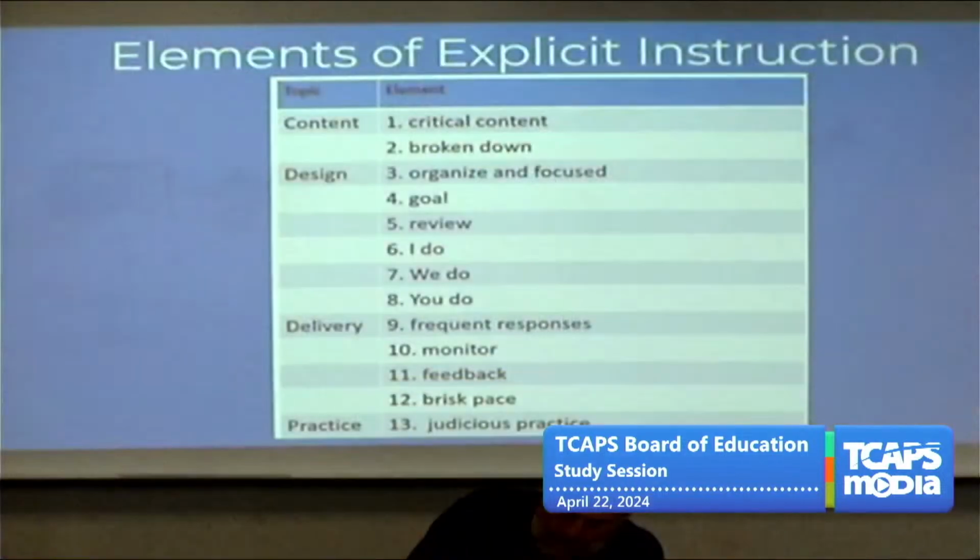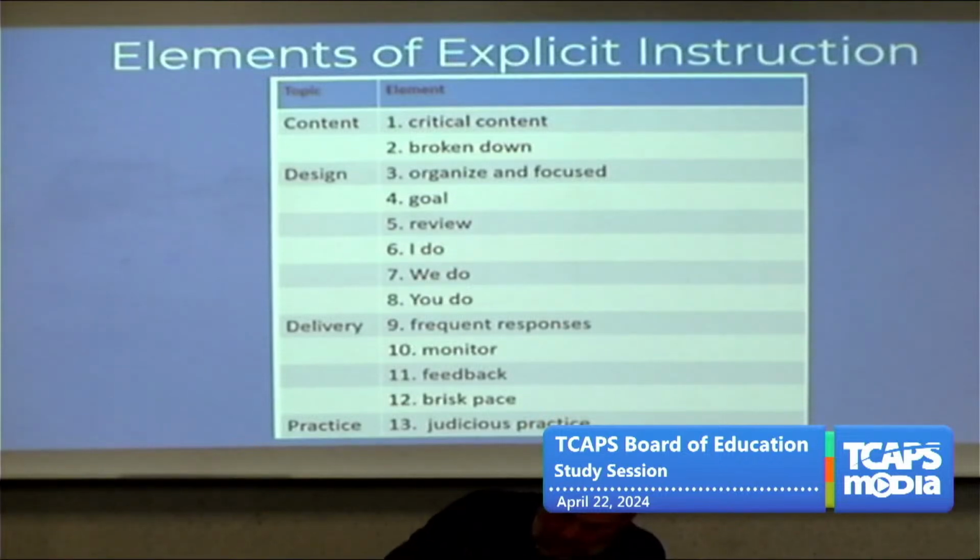And there are then further, within each of those content areas, elements of explicit instruction. And I touched on quite a few of them already, but the content is critical, it's the most important, it's broken down. Within the design, we're organized and focused. Each lesson has a specific goal or a target.